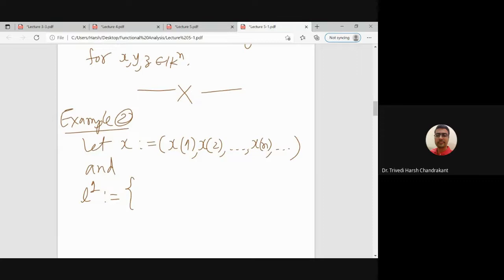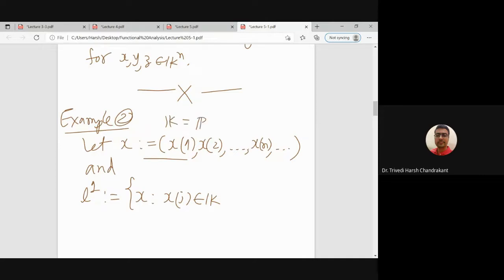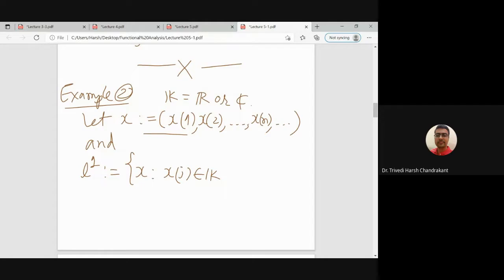Correspondingly, there are three sets. L1 is such a sequence x such that each coordinate of the sequence is from K. Why K? Because K is either the set of real numbers or the complex numbers. That means we are going to consider only the sequences with real entries or complex entries, for each j.